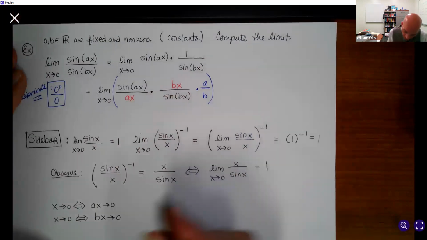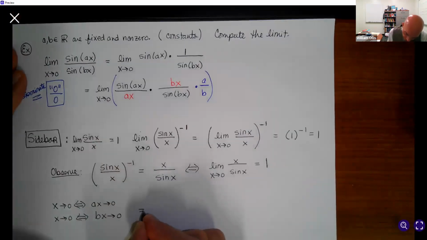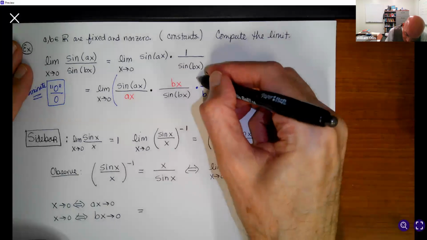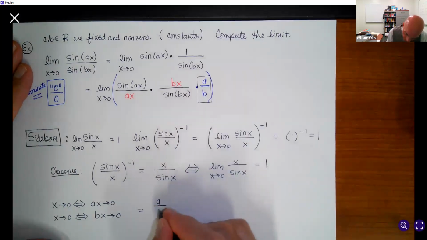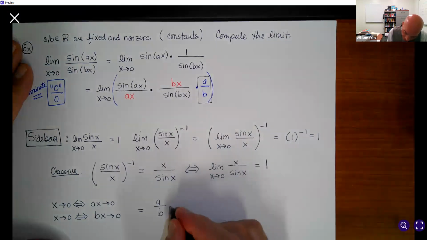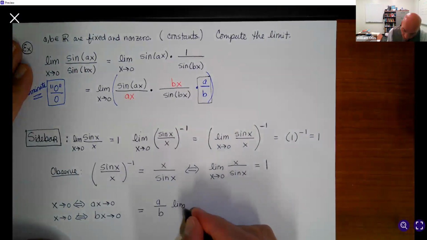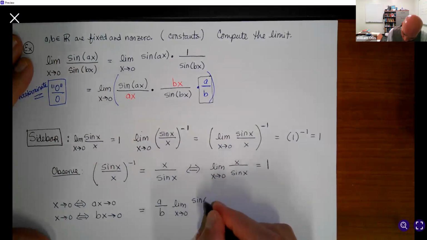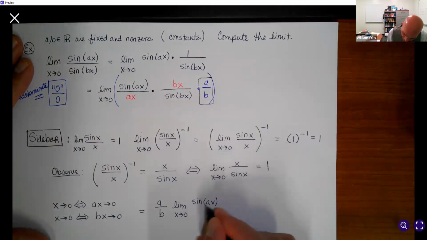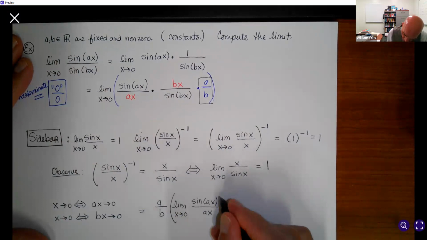So let's take the problem down here. So this constant can be extracted. Constants can always be extracted with limits. And now we have the limit of a product is the product of limits. Elegant problem, very nice problem. Now you could do a change of variable, but you don't need to.